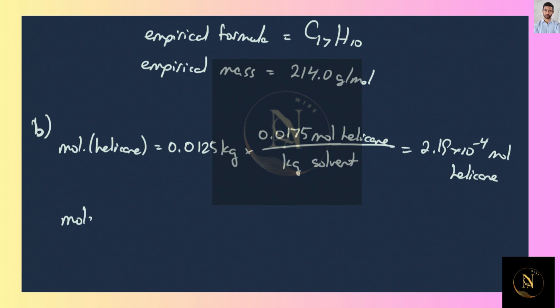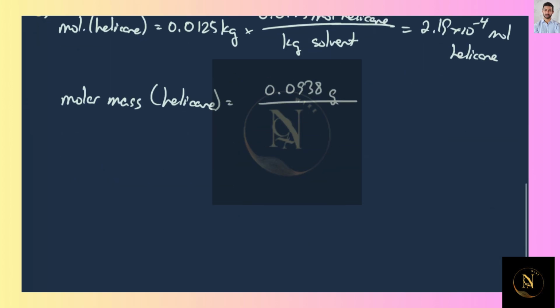Now the molar mass of the helicane would be equal to the mass, 0.0938 grams, over the moles, 2.19 times 10 to the negative 4 moles, and the molar mass of the helicane works out to 428 grams per mole.